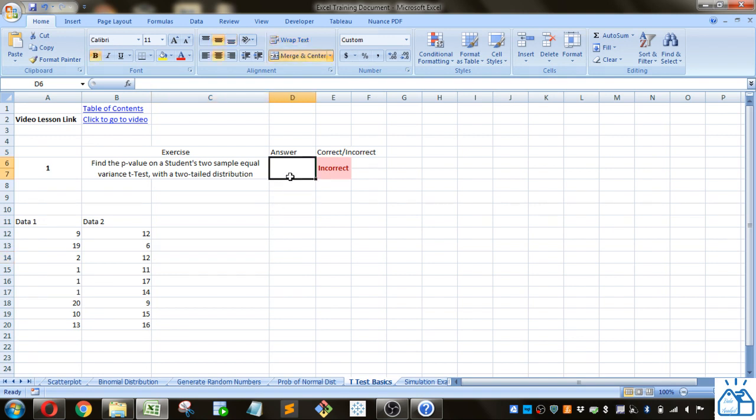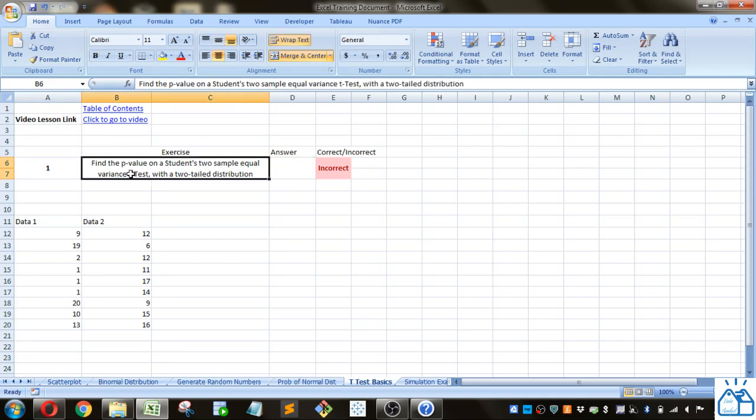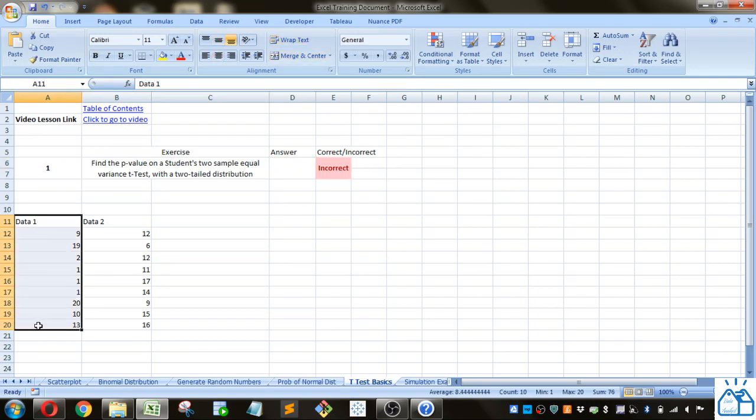These two populations, you want to see, is the mean of this different from the mean of this? In this example, we're going to find the p-value on a student's two-sample equal variance t-test with a two-tailed distribution. What does the p-value mean? The p-value means what's the probability that data point 1 is different from data point 2?